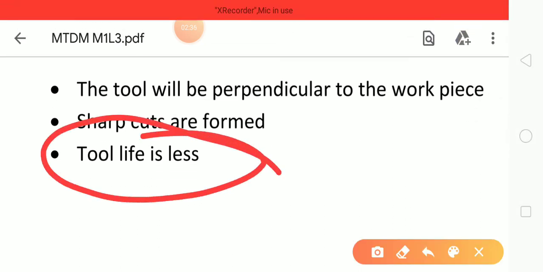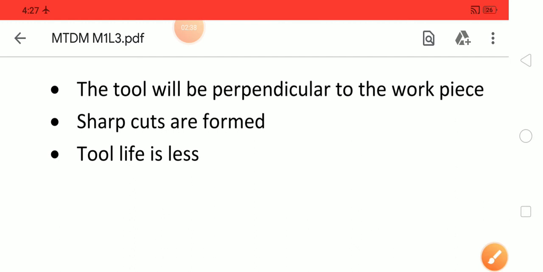This is very important because when we use a tool to cut the workpiece, the tool surface is faced with the workpiece. When a small amount of surface is in contact with the workpiece, a large amount of heat is generated, or a large amount of stress is concentrated on that small area.